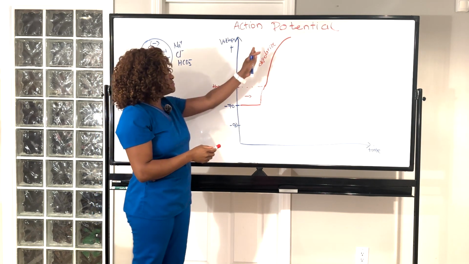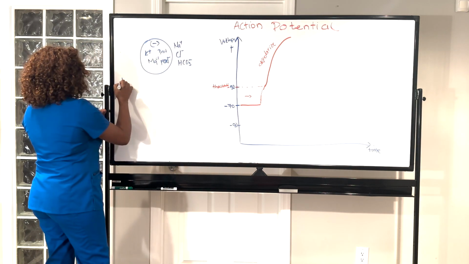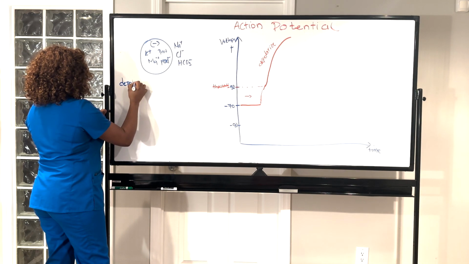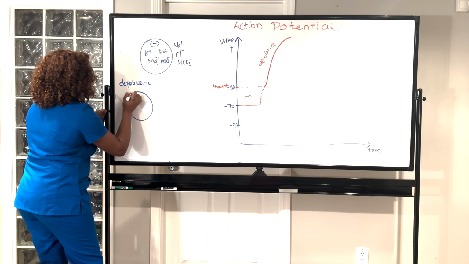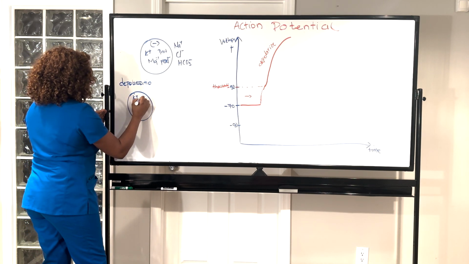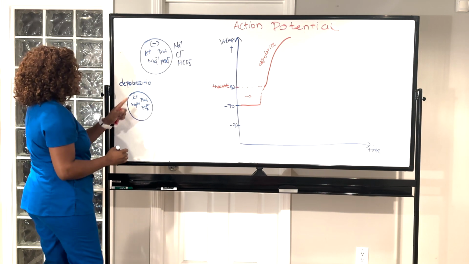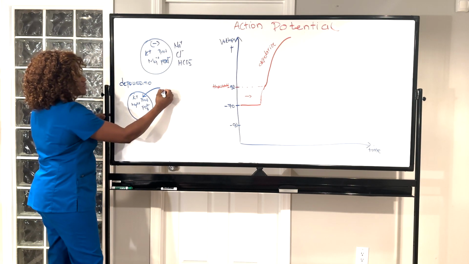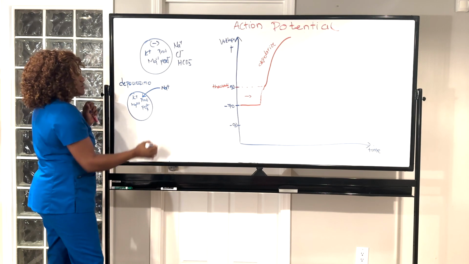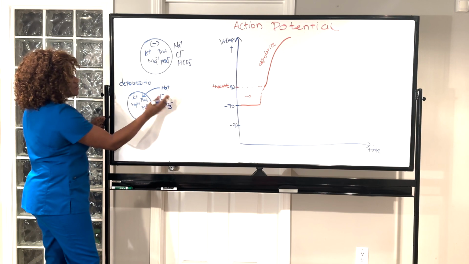So what does this mean when the cell depolarizes? In the situation of depolarization, this is still our cell, and these are the components of our cell. In depolarization, the sodium, which was outside the cell, along with chloride, let's say, these are our ions outside the cell.